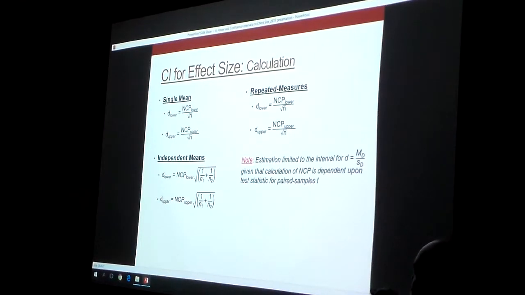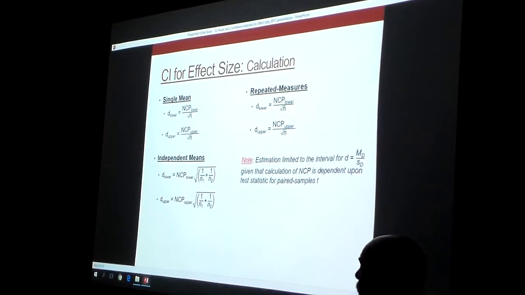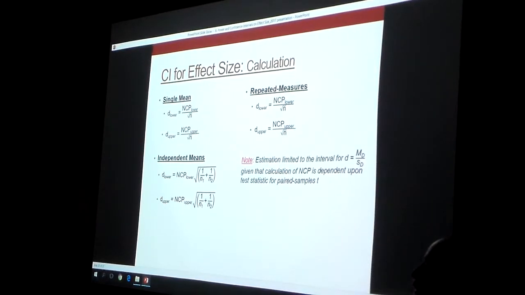But remember, and this goes for all of these, but it's particularly relevant for repeated measures, we're basing the upper and lower limits of our effect size on our test statistic. If we're going to calculate confidence intervals around our effect size, we have to make sure we're standardizing that effect size using the same variance estimate that was used in the calculation of the test statistic.